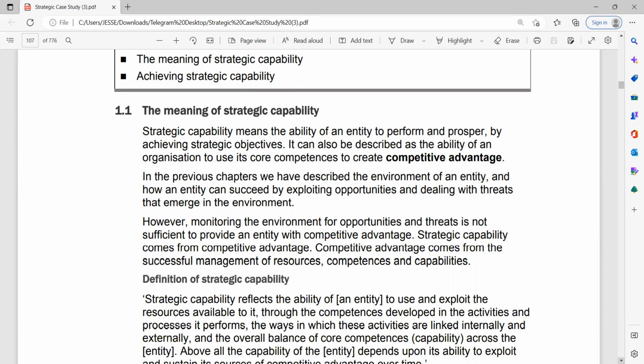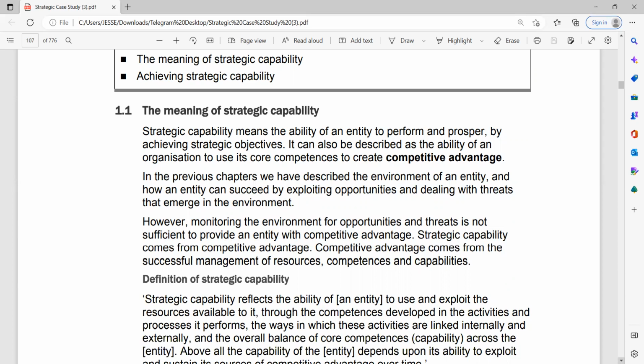Very, very important. The ability of an organization to perform in a particular area. That's what we mean by strategic capability.